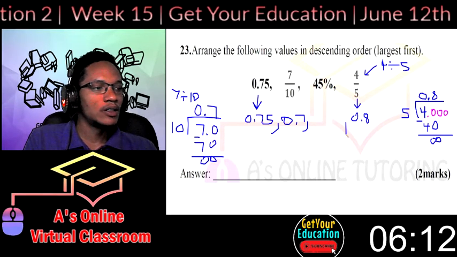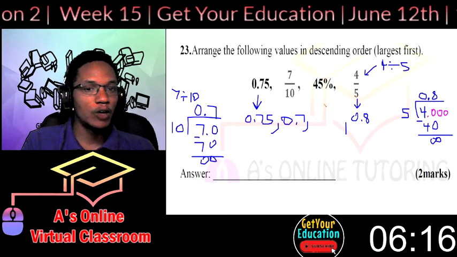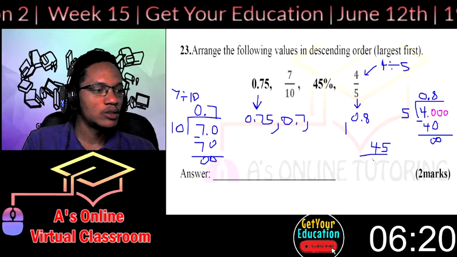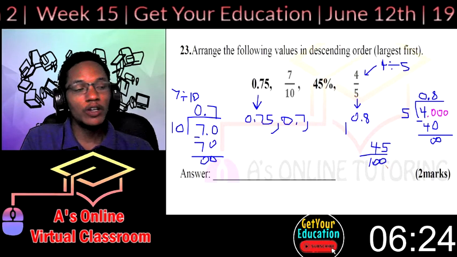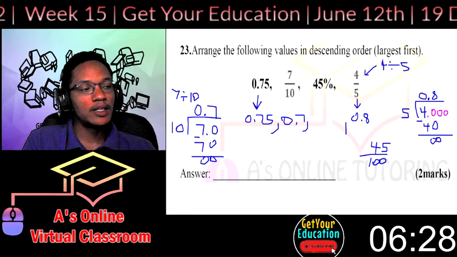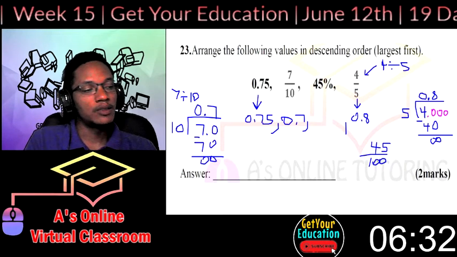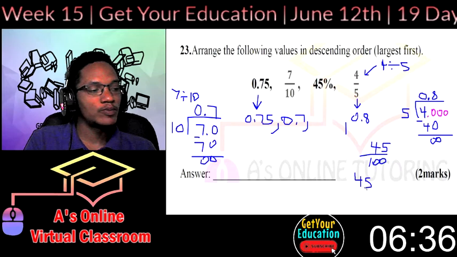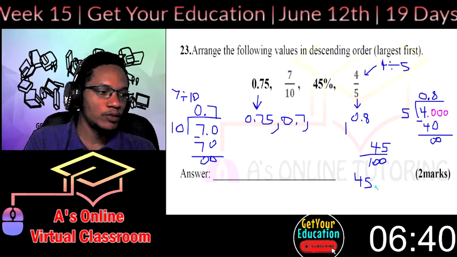Alright, now 45%. Percent means out of 100, so we'll do 45 over 100. And we can do a shortcut for this because we work with percentages a lot. If we change this to a decimal and we divide it by 100, we can take 45, and the point in 45 is here after the 5.